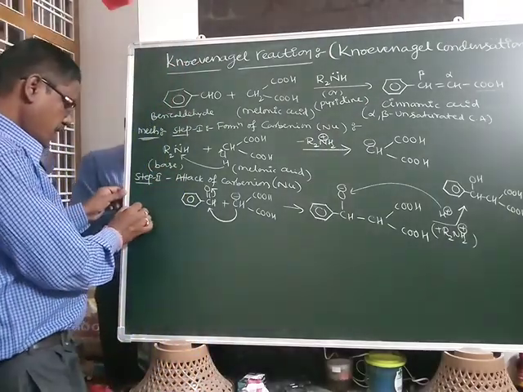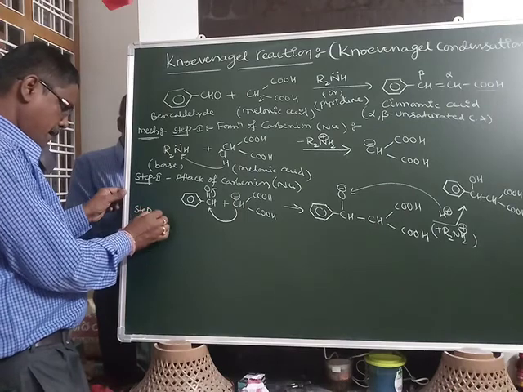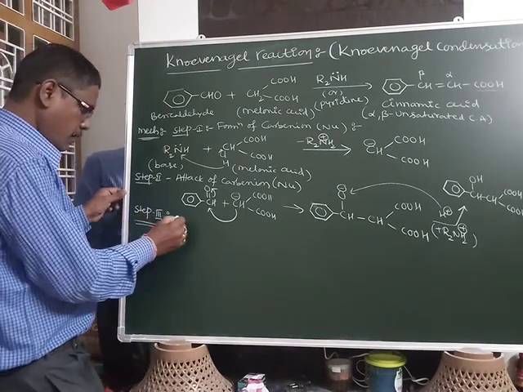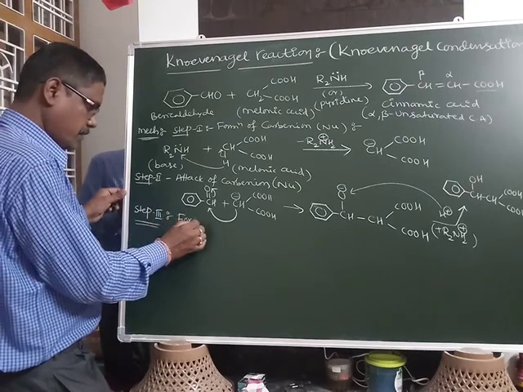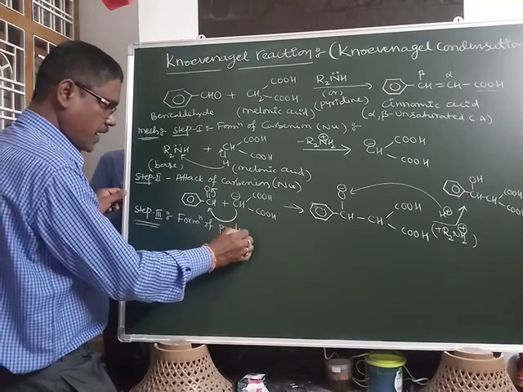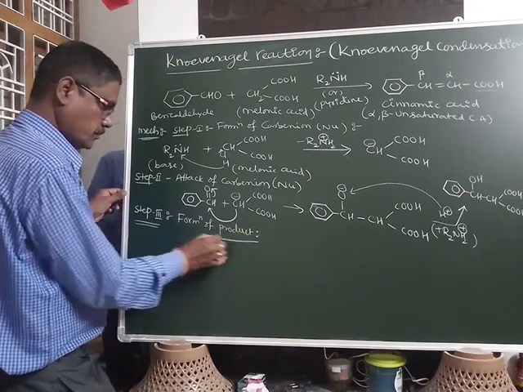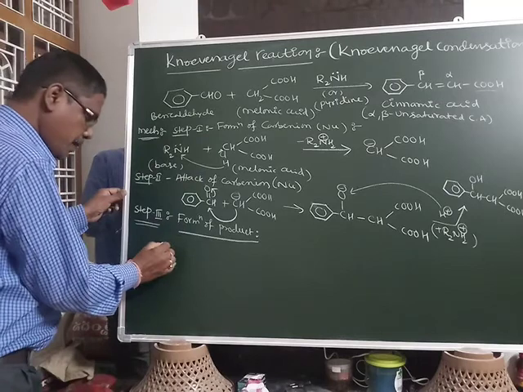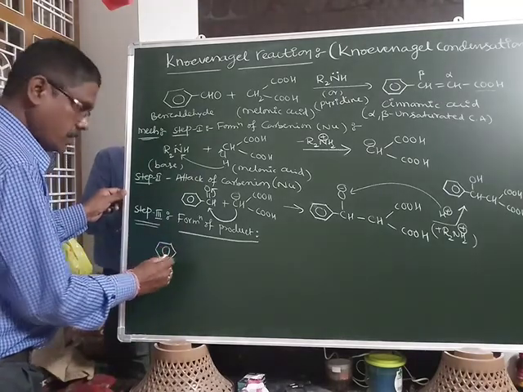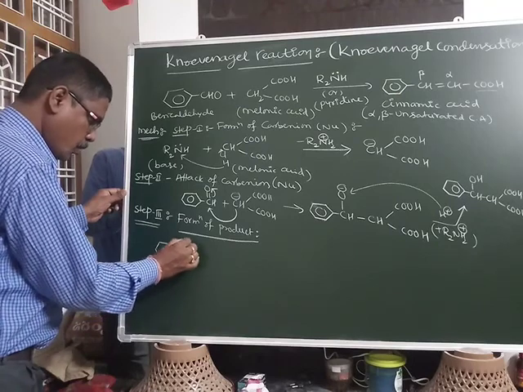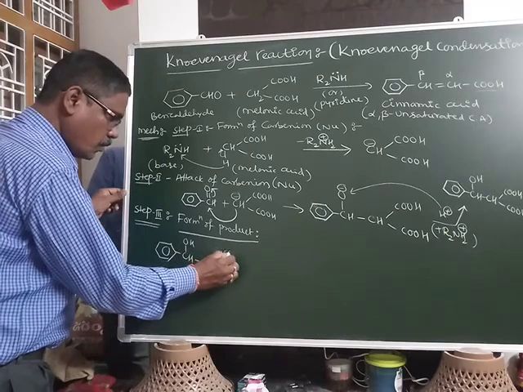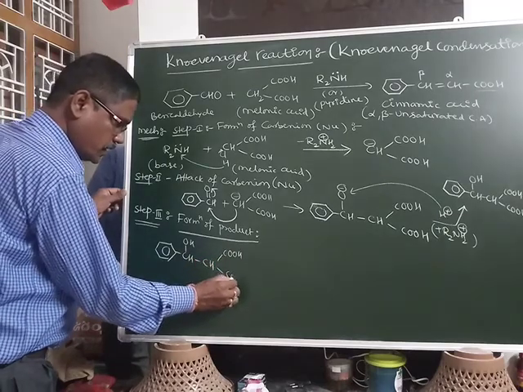And step 3: formation of product. That is CH, OH and CH, COOH, COOH.